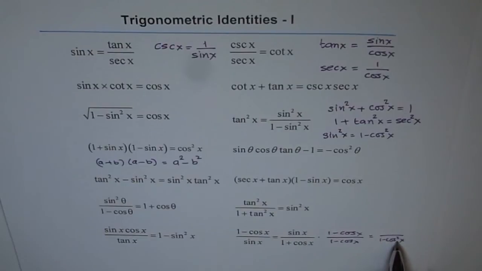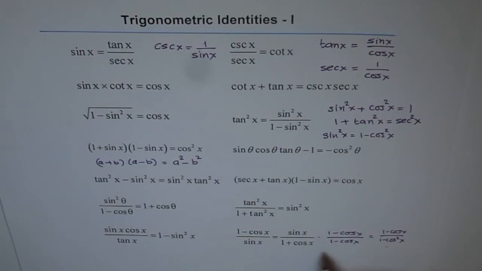Now this 1 minus cos square x is really sine square x, correct? I'm not solving it but showing. So this is sine square x, and one of the sine x gets cancelled, right? And on the top you do have 1 minus cos x. Do you see that? This times this gives you 1 minus cos square x, which is sine square x, right?